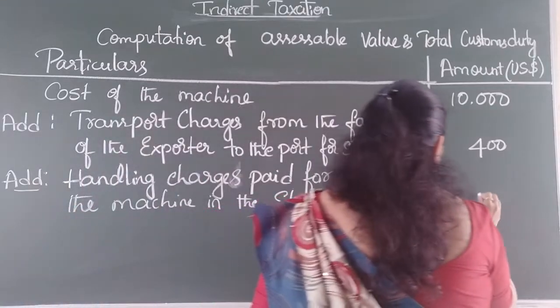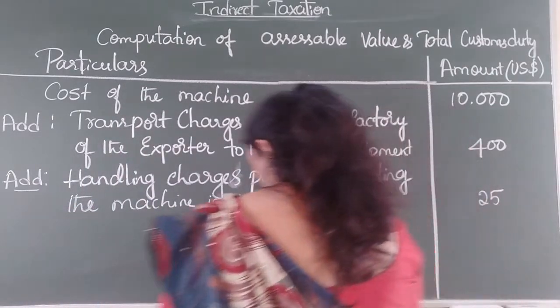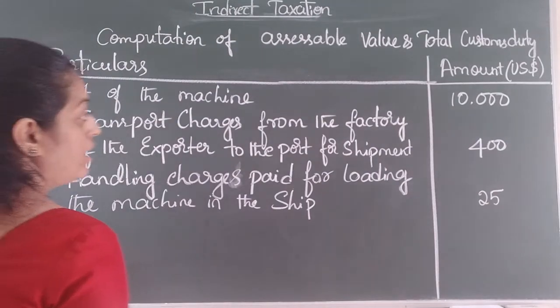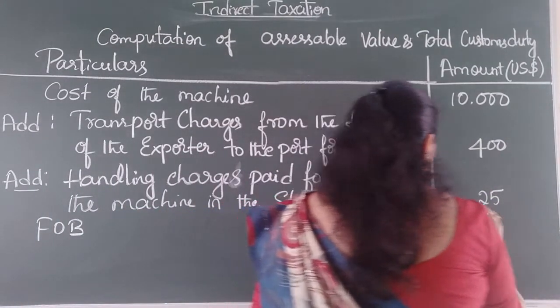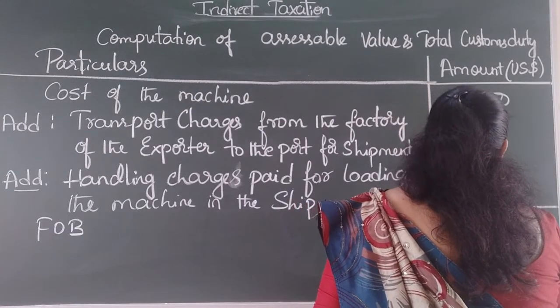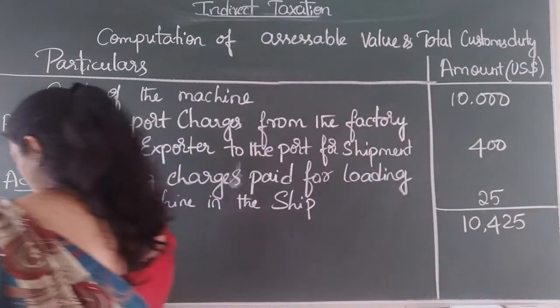Amount is $25. So total free on board, FOB, is 10,000 plus 400 plus 25 gives you $10,425.